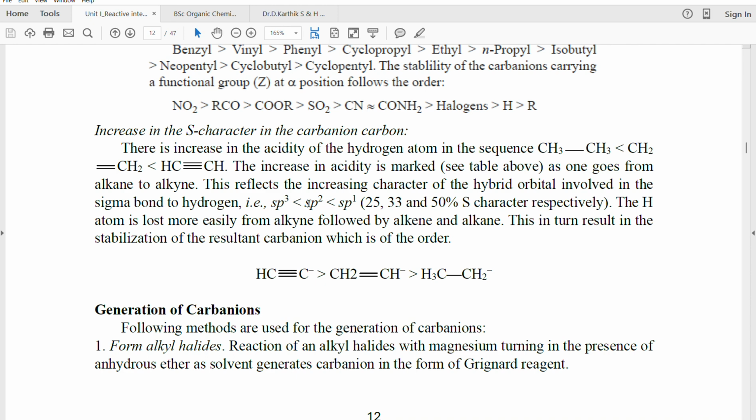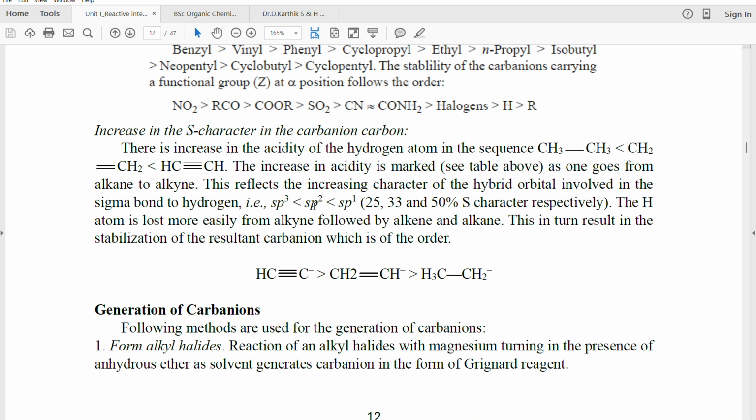But when you come to sp2 hybridization, 1 s orbital and 2 p orbitals are involved, so totally 3 orbitals. If you take the ratio, s will be 33% and each p orbital will be 33%.